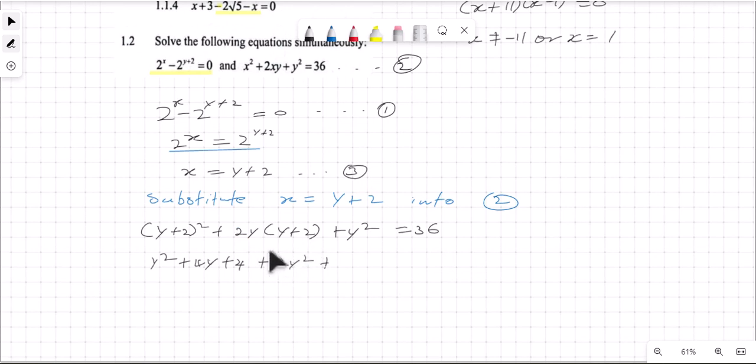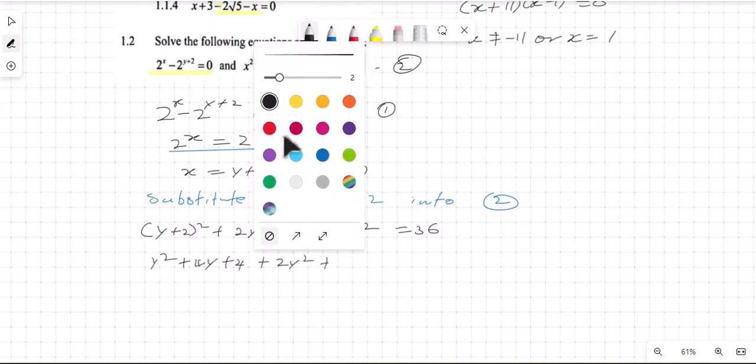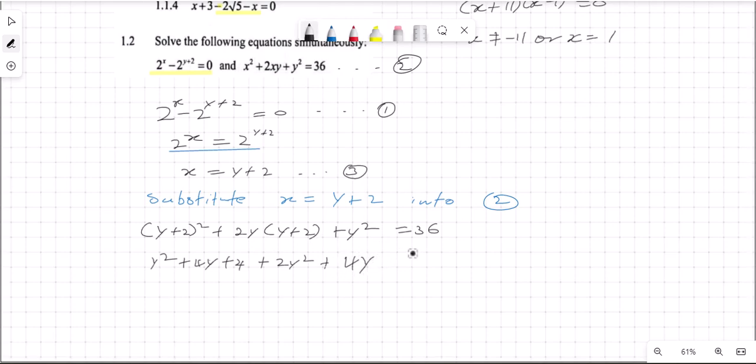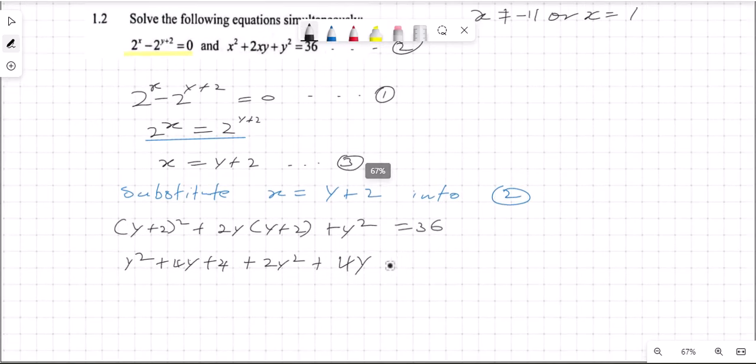2y times y equals 2y squared. Then 2y times 2 is 4y, and then plus y squared, which is this one, equals 36.